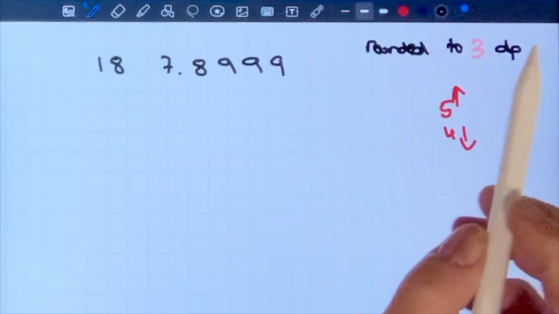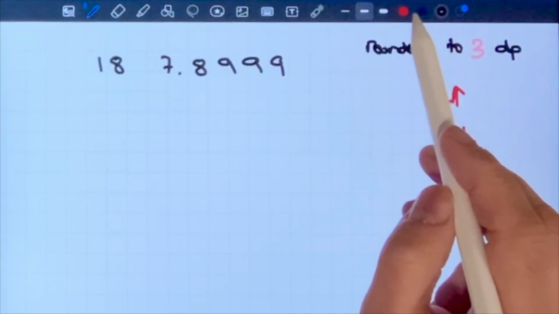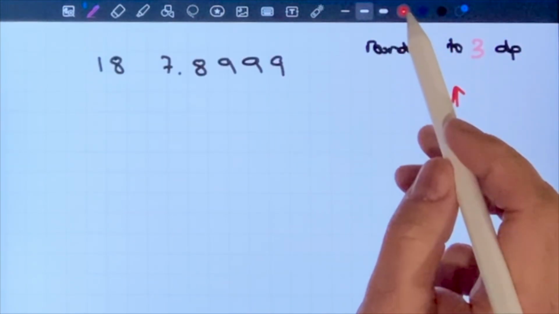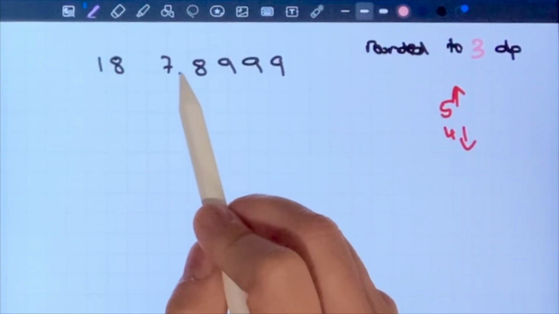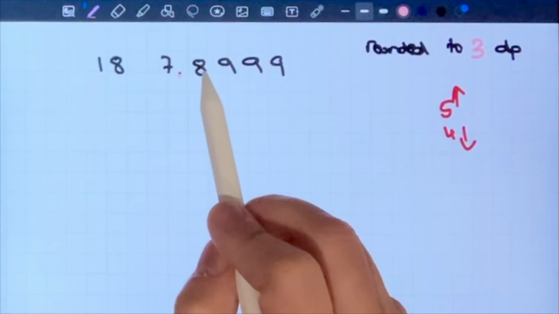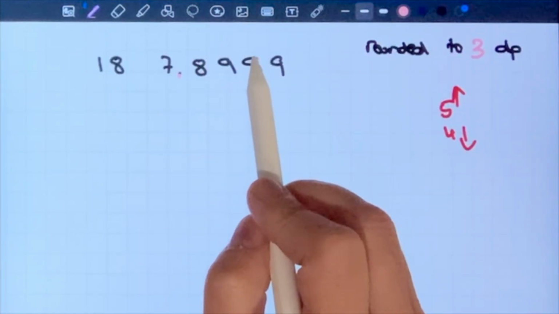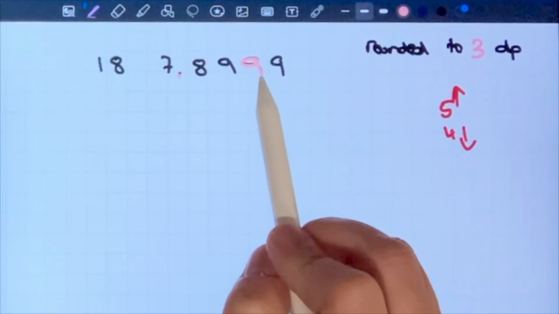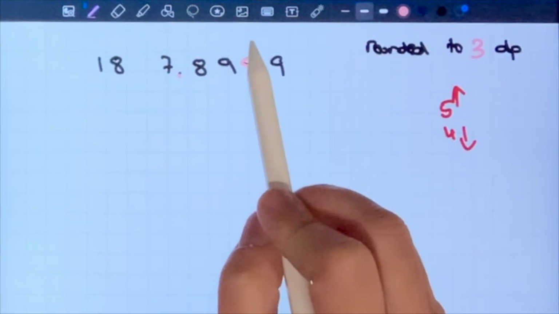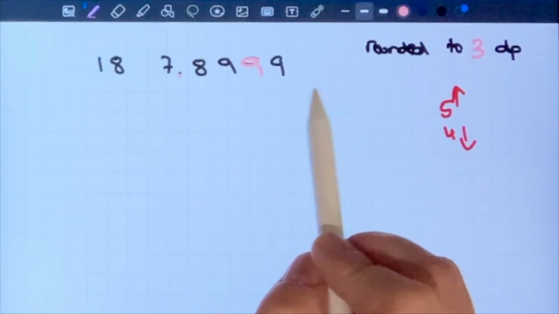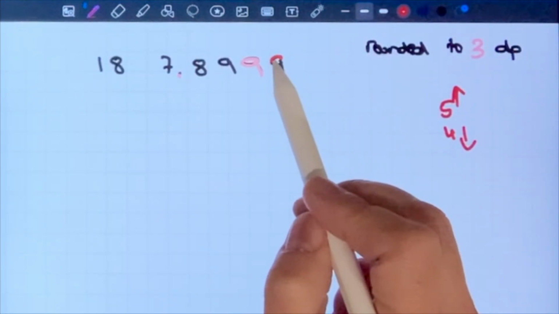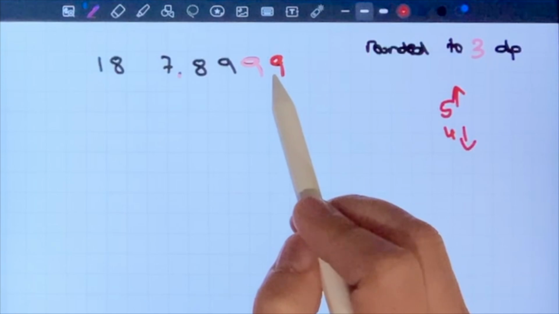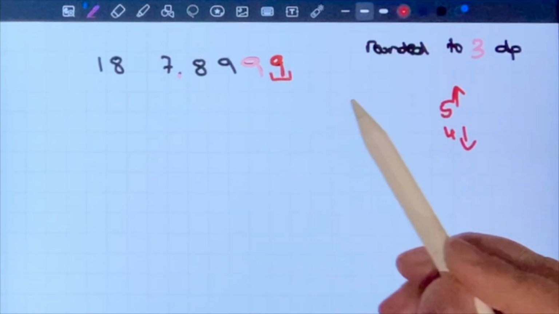Several nines, and we are rounding to 3 decimal places. So there's my decimal, 1, 2, 3. So this is the digit that's going to get rounded up or down, and to know which way it's going to go, I look at my critical digit, which in this case is 9.